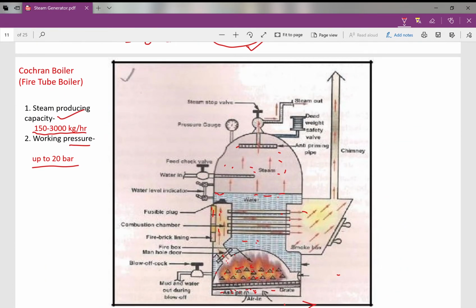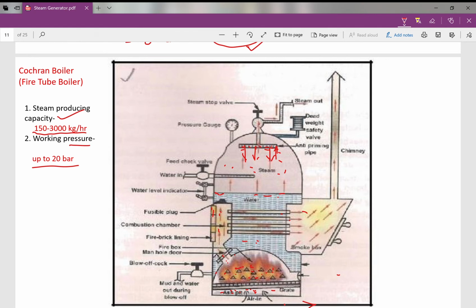Here it is. In this diagram, this is your anti-priming pipe. Inside this anti-priming pipe we have a rough surface. So when water comes in contact with this rough surface, water being heavier comes down, right?